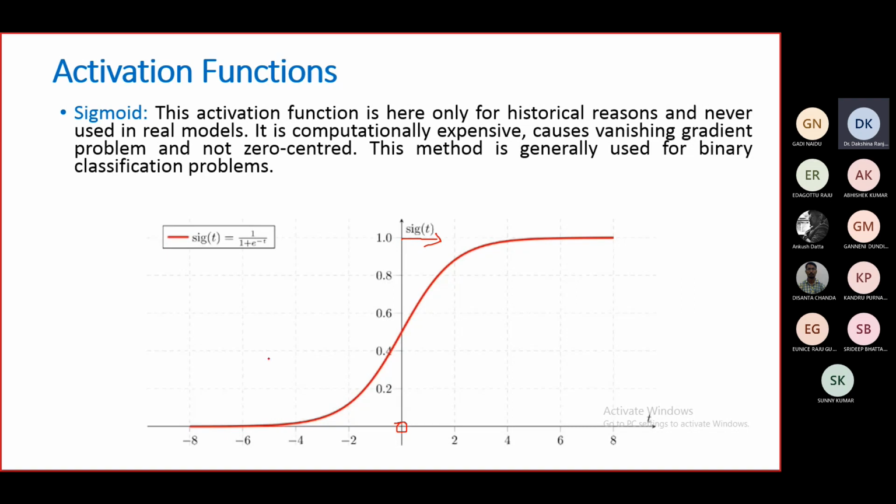So between 0 and 1 the output will be generated, and here this is the intersecting point on the y-axis of this curve, and this point is decided as the threshold. If we decide the threshold is t, then whatever output value comes out of the network, we compare it with the threshold, and that will decide the class level.